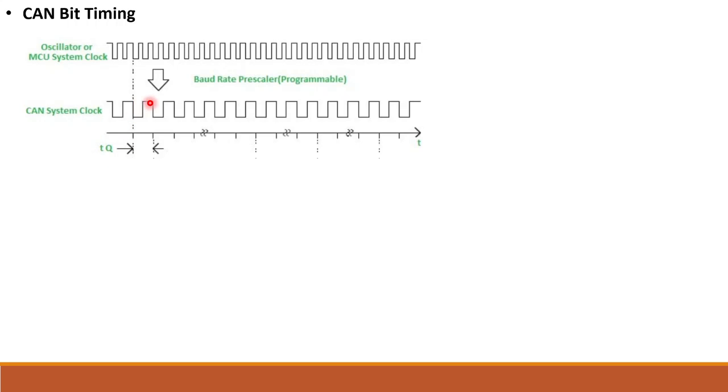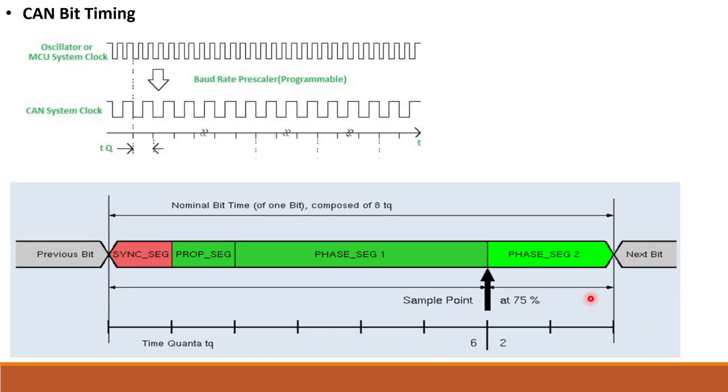One low to high of the CAN system clock, I mention as one time quanta. And how many time quanta we are going to mention in one nominal bit timing, we'll see here. For example, I am composing one nominal bit, one recessive or dominant, and I represent it with 8 time quanta, nothing but 8 low to high pulses.